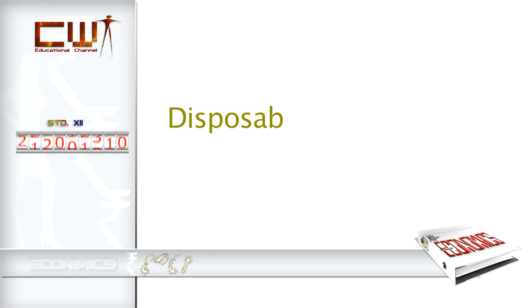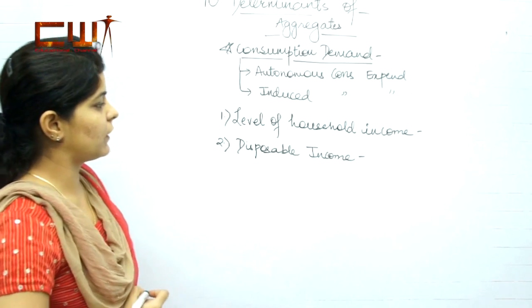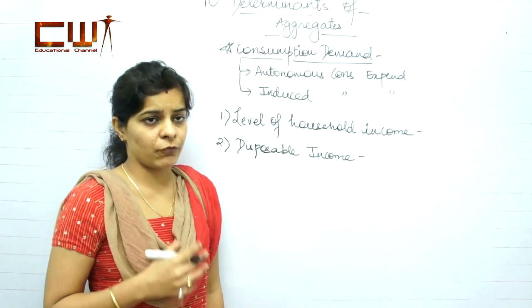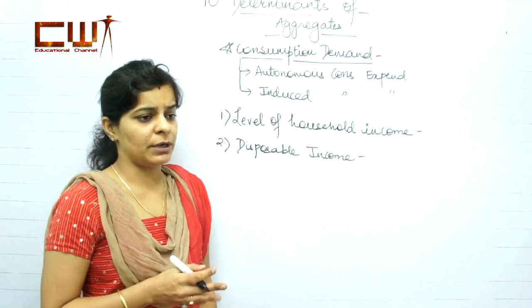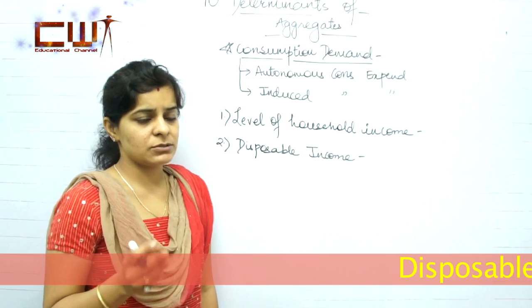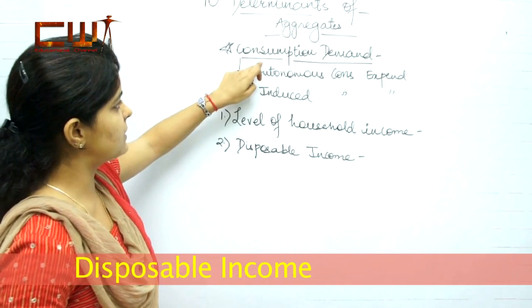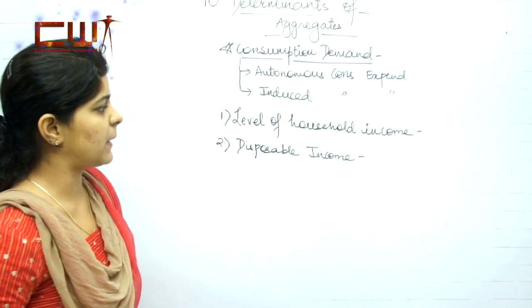Next is disposable income. Very important. You have a certain level of income, known as the household income, which is for you to spend. But from that income, you are going to meet your priorities, pay the taxes, and pay certain bills, and then whatever money is left, you will put into consumption expenditure.